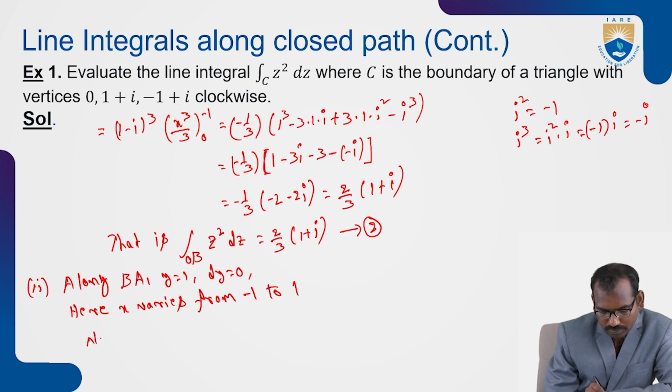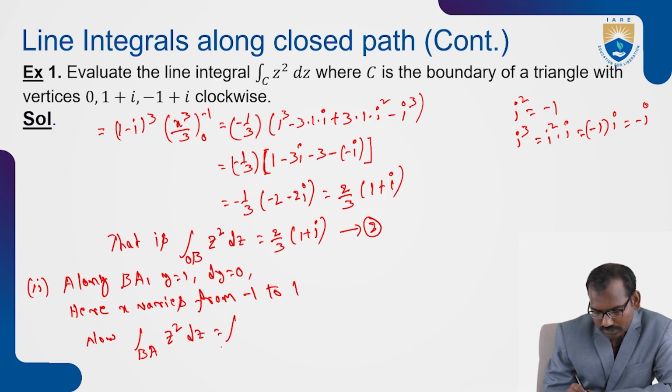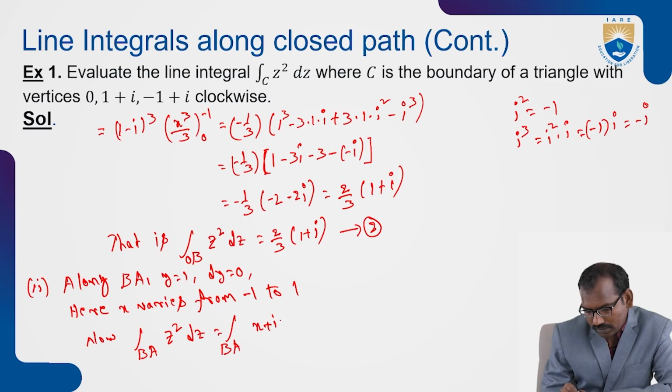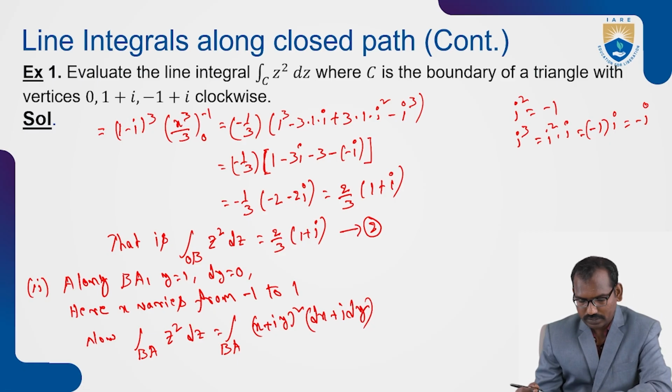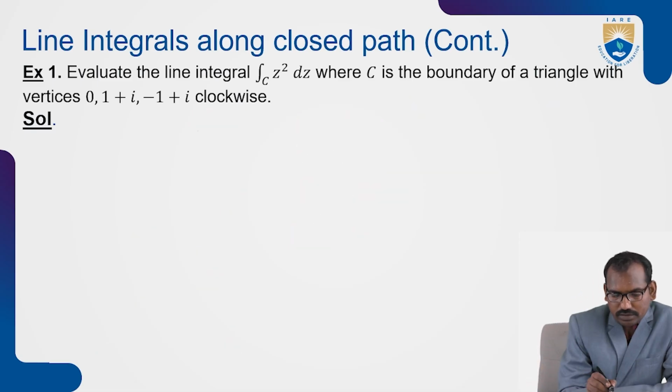Now you calculate along BA z square dz. I am writing, along BA, (x plus i y) whole square times (dx plus i dy). Okay. Now y is 1 here, right?